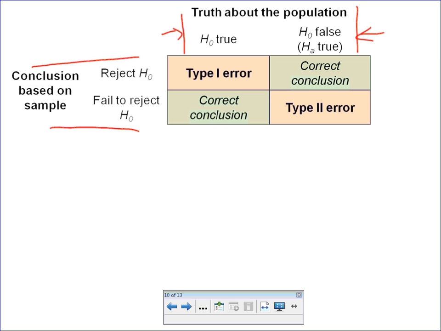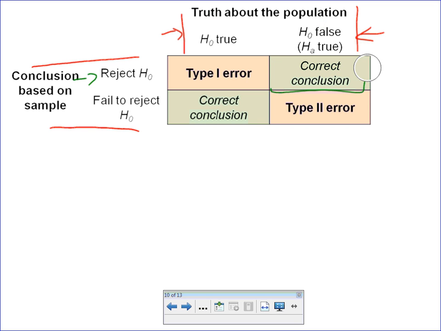And so there's a possibility that H naught is true. Well, if H naught is true, the ideal thing is that we fail to reject, and then we would say we do not have sufficient evidence. Cool, we got that one right. Or it could be that the null hypothesis is false, so we reject it, and we conclude that HA is true, which would be correct.